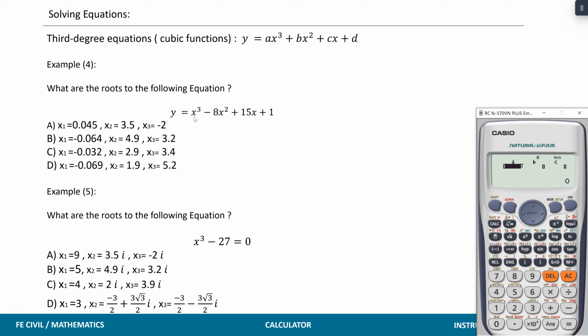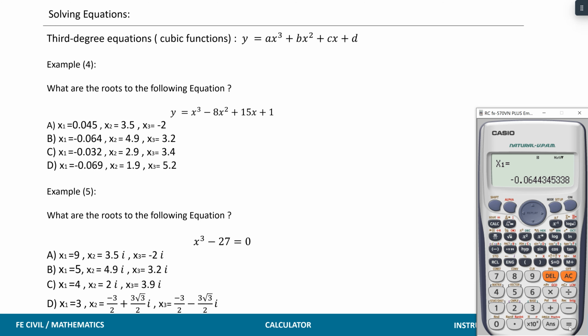What's the coefficient here of x cubed? It is equal to 1, equal, the coefficient of x squared is negative 8, the coefficient of x is equal to 15, equal, and the constant is 1.